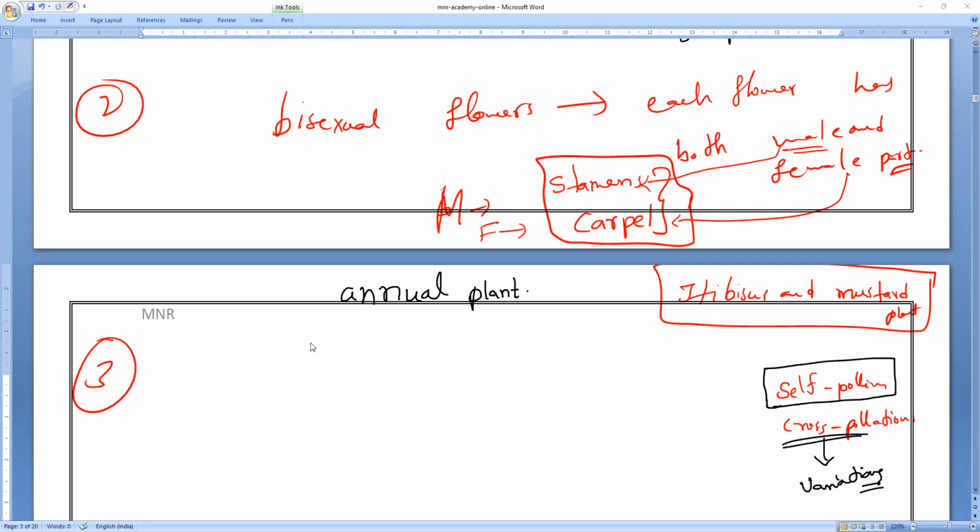What do we call that? Annual plant. So please remember, in 10th and 11th class you will get it. An annual plant is a plant that completes its life cycle from germination to the production of seeds.